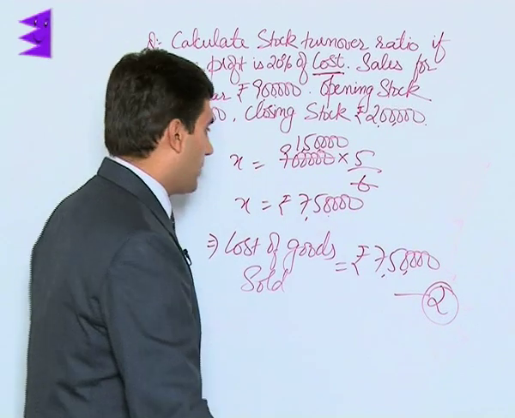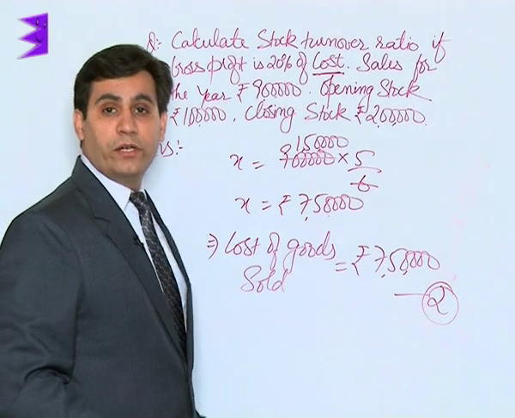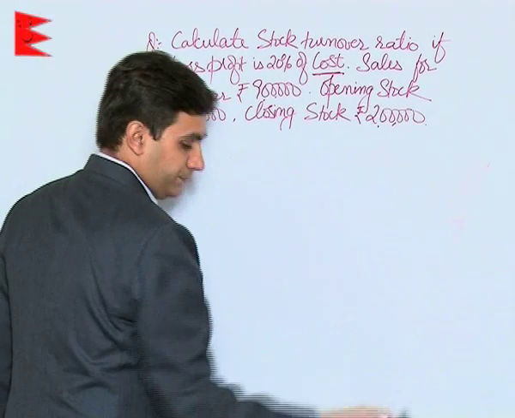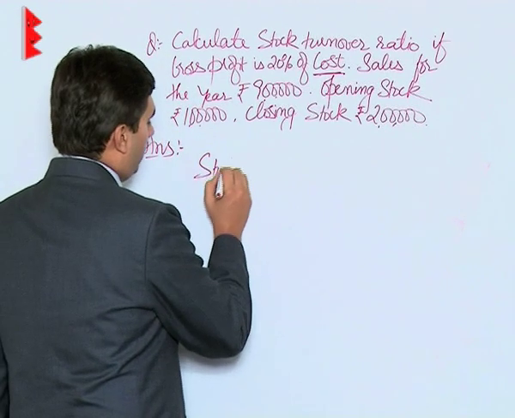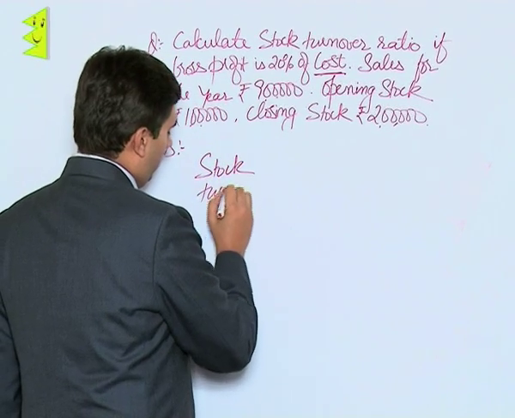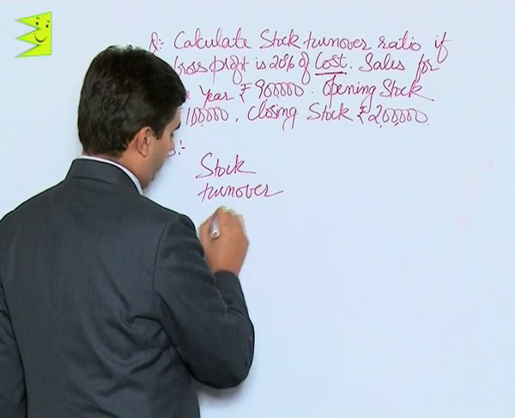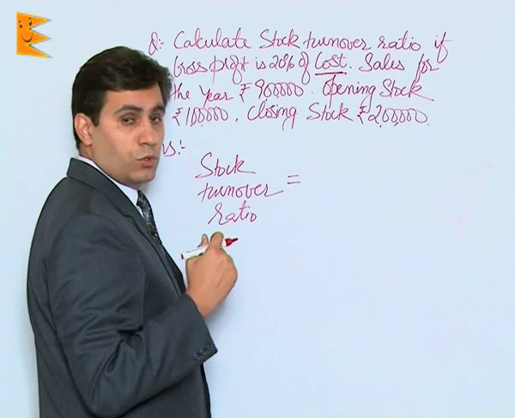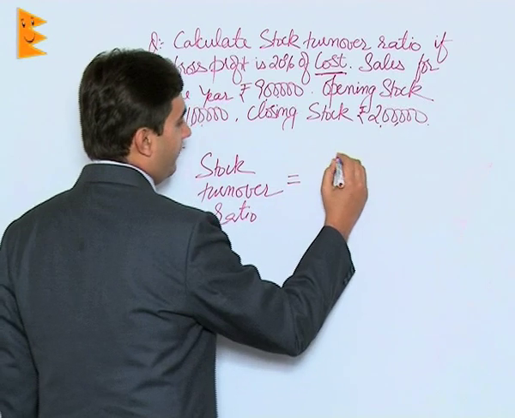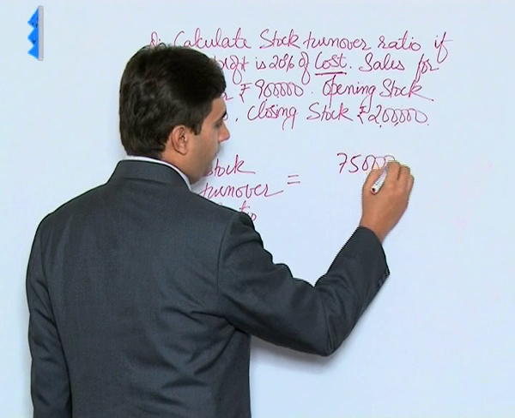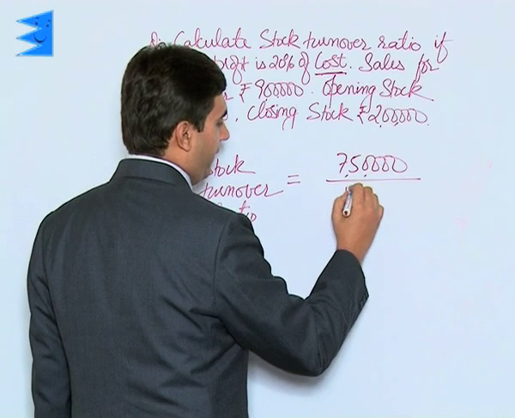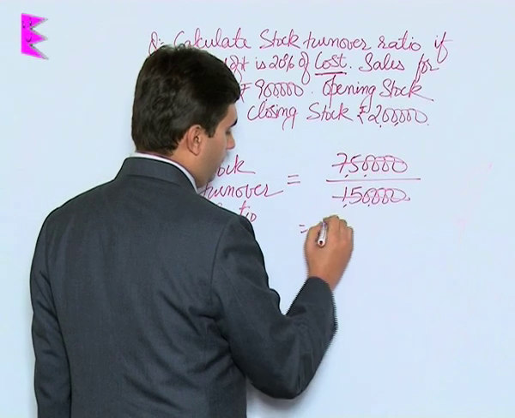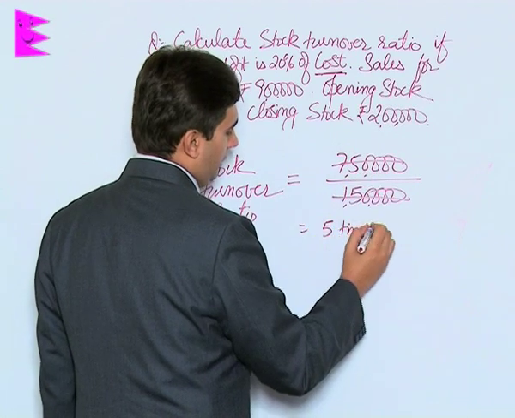So now substituting these values in the formula for stock turnover ratio, stock turnover ratio now would be equal to cost of goods sold. Cost of goods sold is 7 lakh 50,000 divided by average stock, which is 1 lakh 50,000, it comes to 5 times.